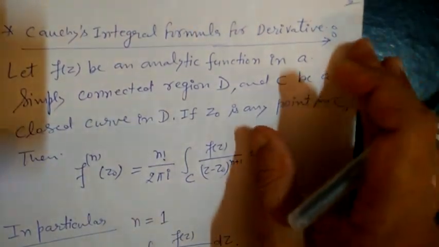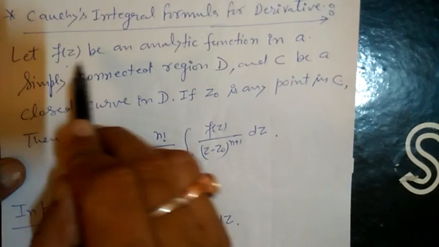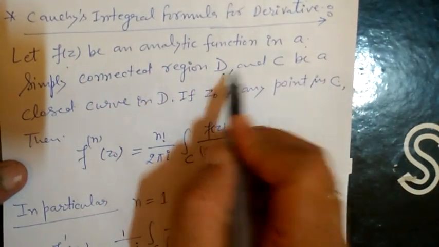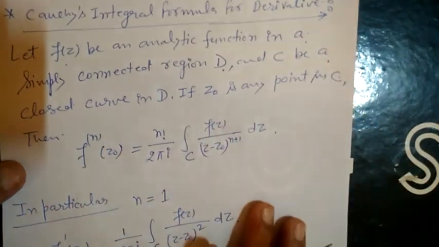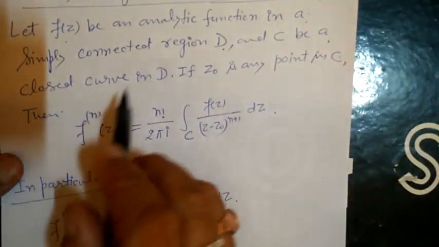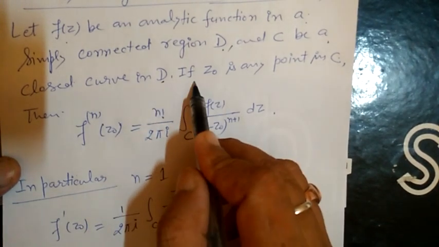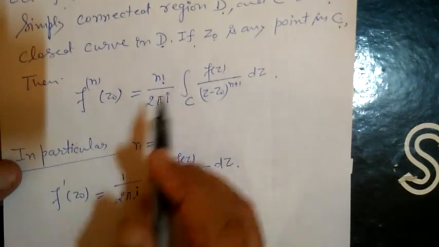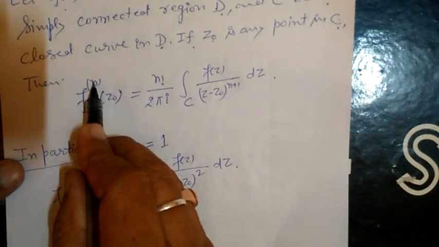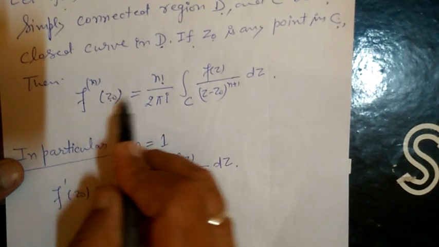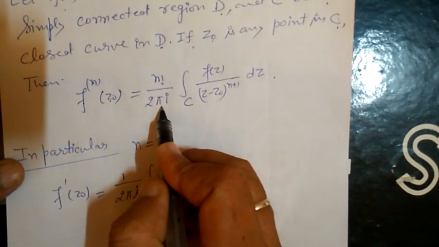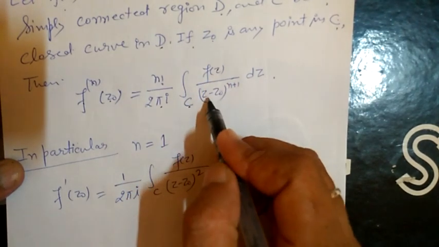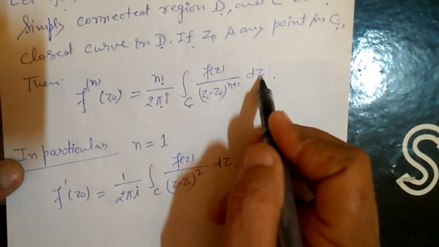Let f of z be an analytic function in a simply connected region D, and C be a closed curve in region D, and z naught be any point inside C. Then the nth order derivative of f at point z naught is equal to n factorial upon 2 pi iota times the integral along the closed curve C of f(z) upon (z minus z naught) to the power n plus 1 dz.